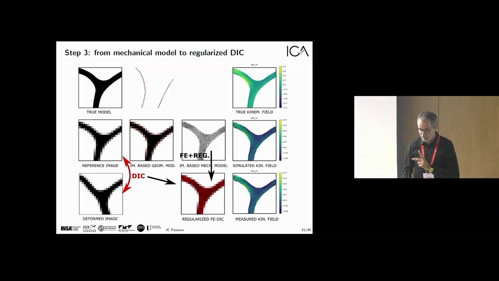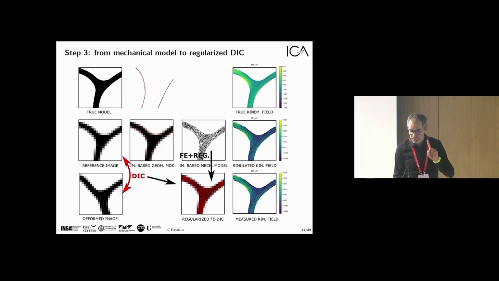We use it for the interpolation of the displacement in the image correlation problem. So we try to seek the displacement between images using this mesh, and we try to measure the displacement at each node of the mesh.